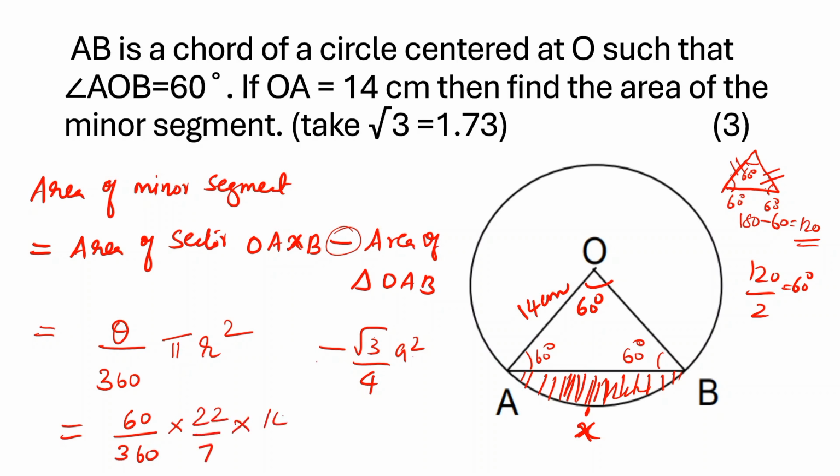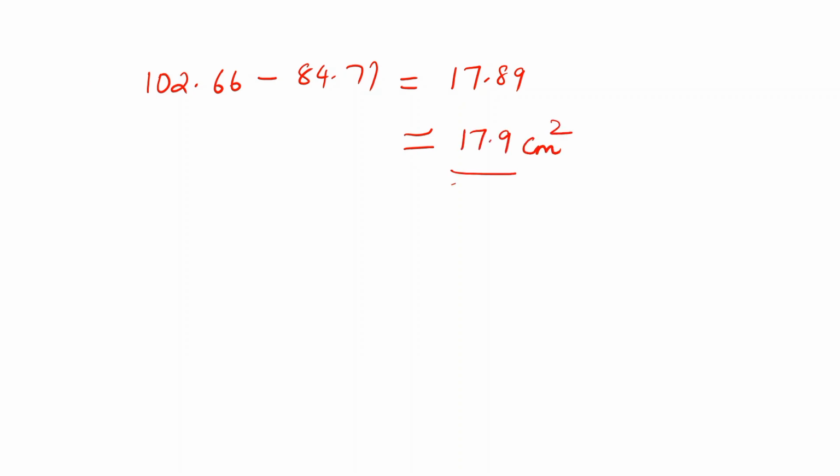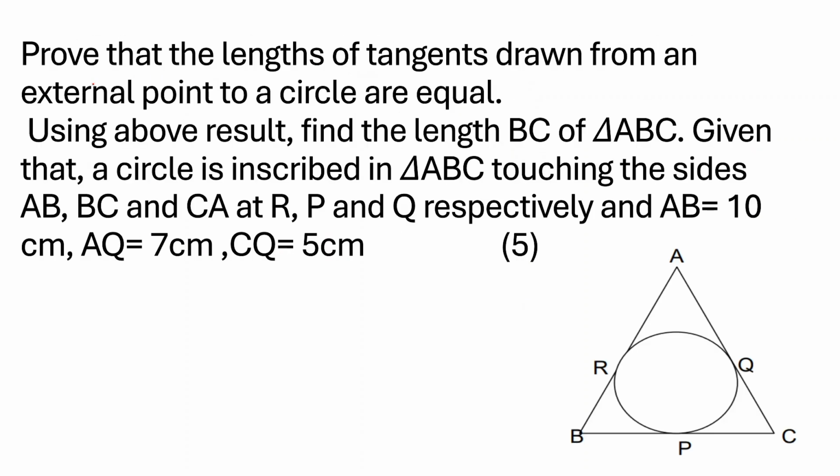Radius is 14, so 14 square minus root 3 by 4 a square, a is the side of the triangle, that is also 14 square. When you calculate this, you will get 102.66 minus 84.77 equals 17.89, and you can approximate it to 17.9 centimeter square. So this is the area.